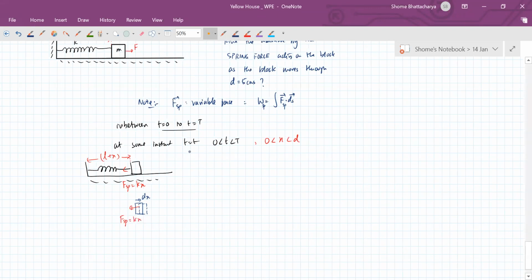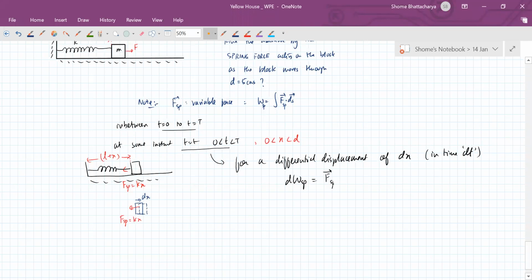So at this point of time, for a differential displacement of dx in some very small time dt, the work done by the spring force will become minus of kx dx, okay?